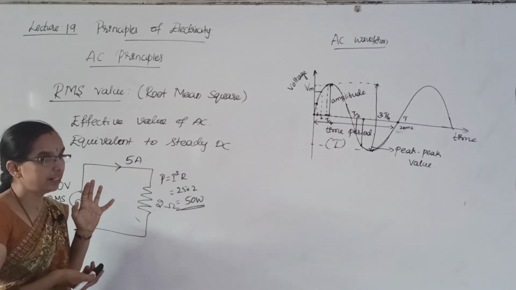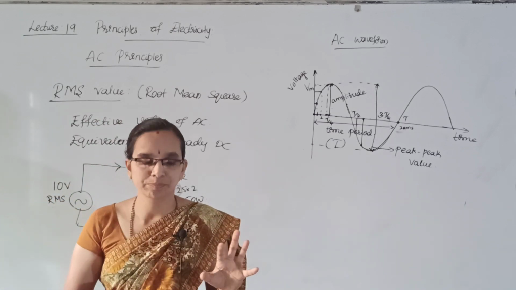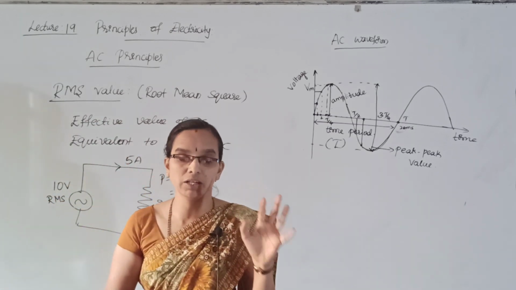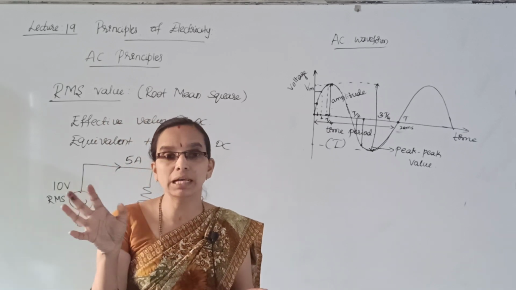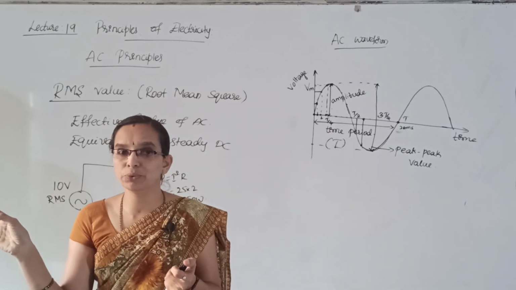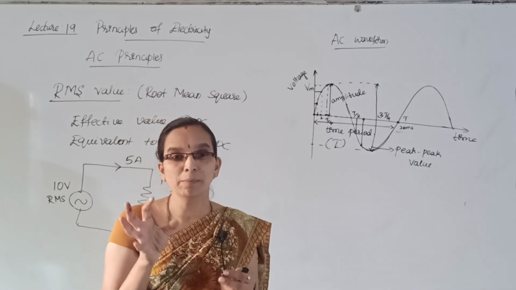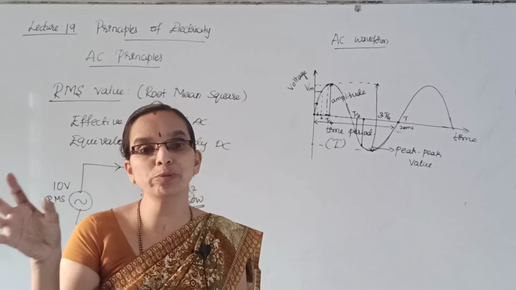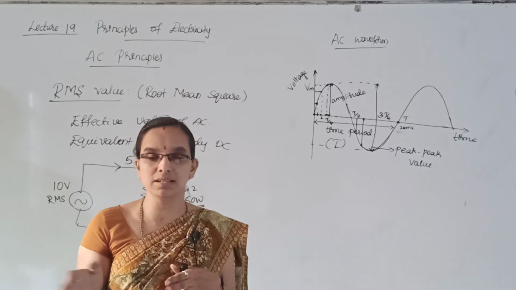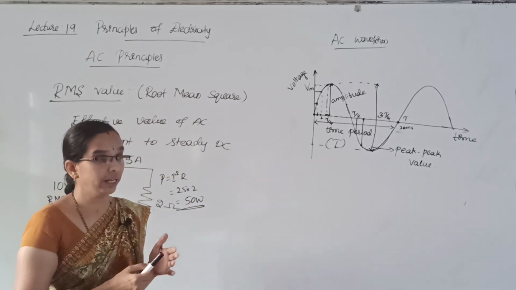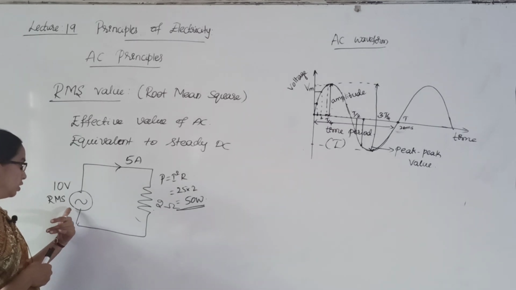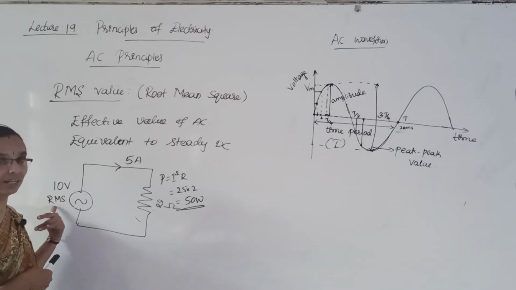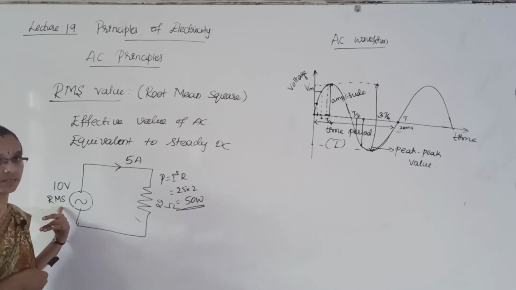If I connect a DC source of 10 volt supply to a resistor or a bulb, somewhere around 5 amperes of current is flowing through that 2 ohm resistor. Okay, the amount of heat generated, the amount of power dissipated in that resistor, that will be equal when you replace the source by an AC source which is having a value of 10 volt VRMS.